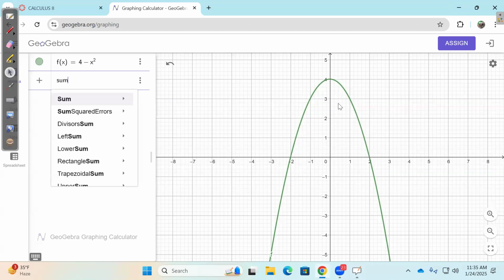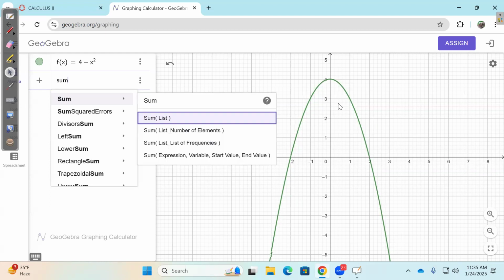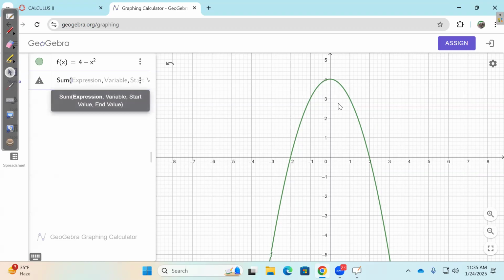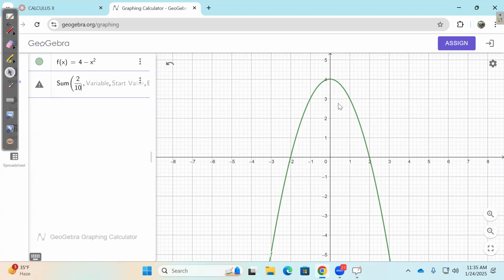Let's see. Sure, I can do sum. Expression is 2/10 times 4 minus 2/10 i squared.